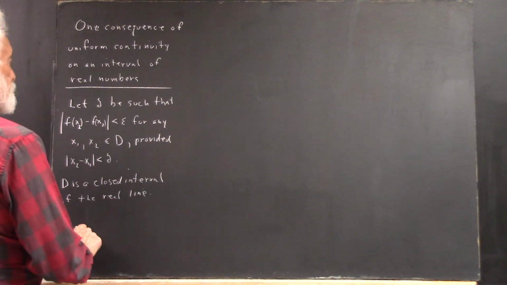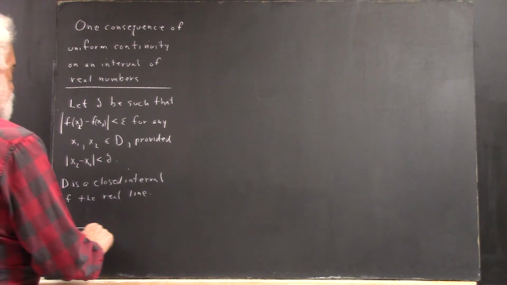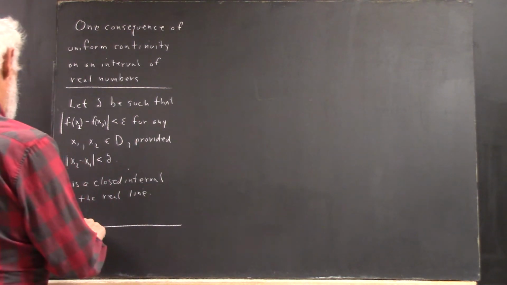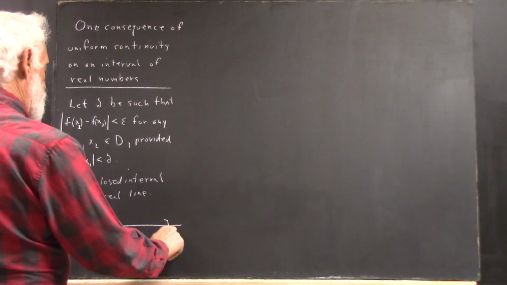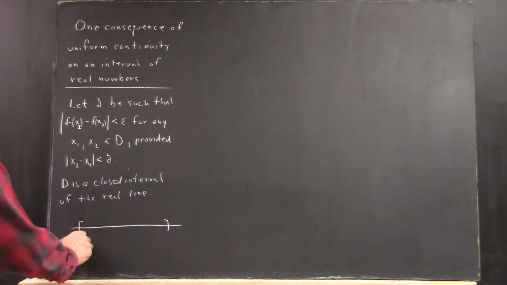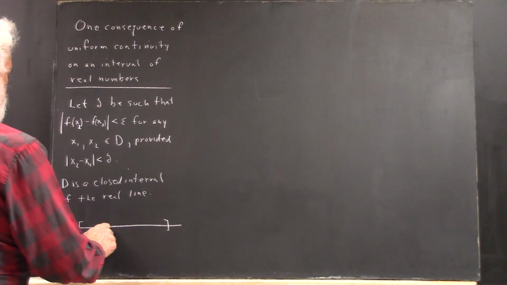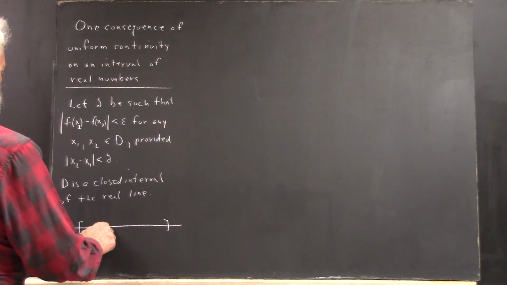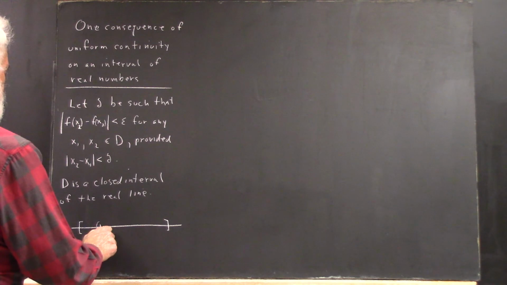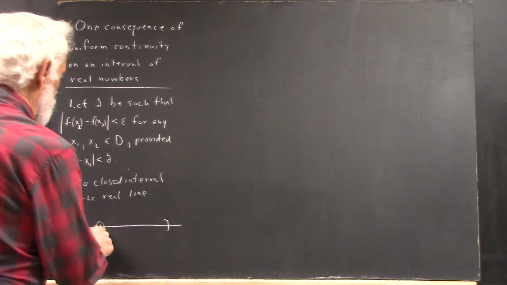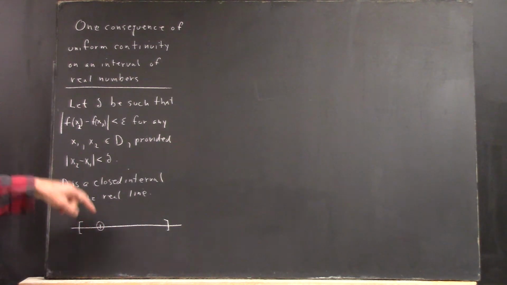Well, then what we can say is, if this is one endpoint and this is the other endpoint, for any x, let's let this be an x, there's an interval, and I'm indicating the interval by a circle.